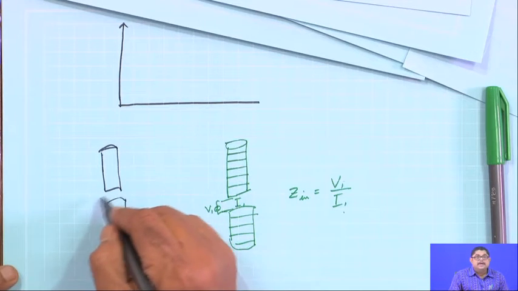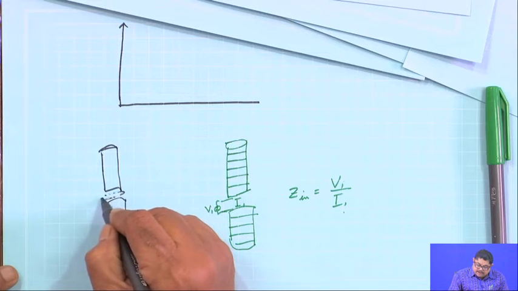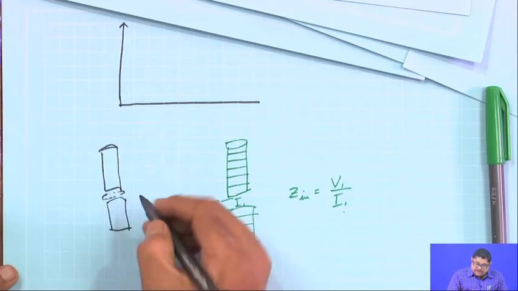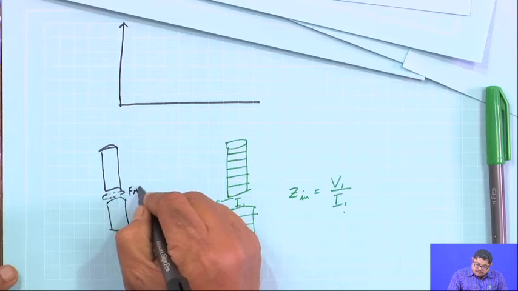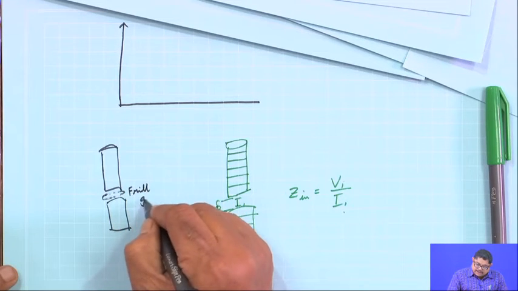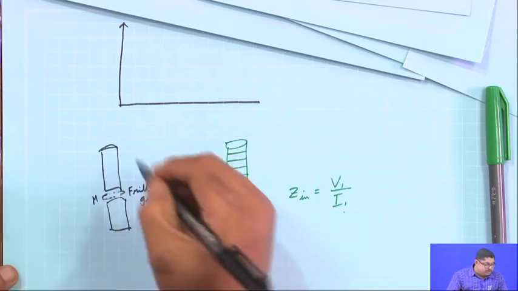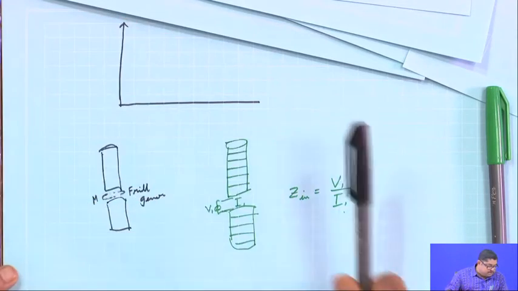So, if I have a field here, people have found that an equivalent magnetic current like this, that is called the field generator. This is a magnetic current. So, by that also you can model the source, a magnetic ring current.